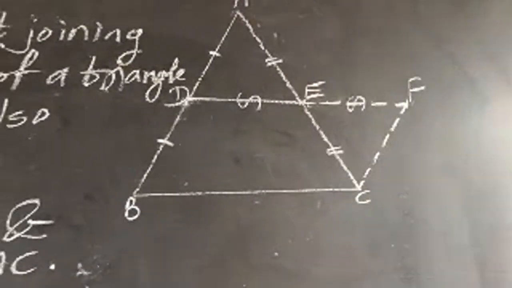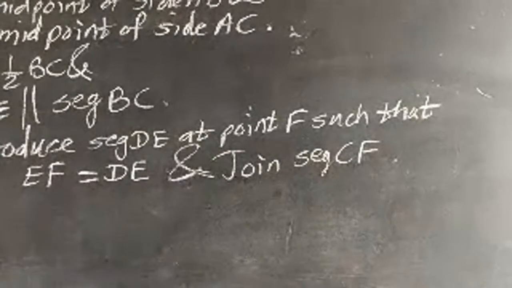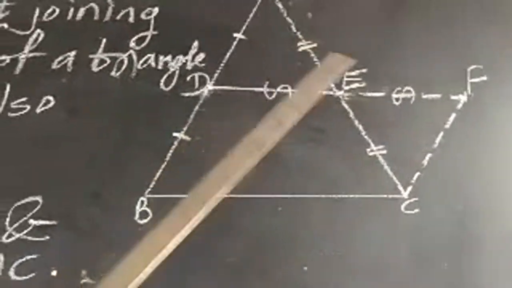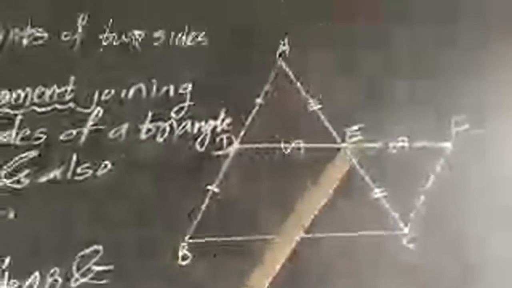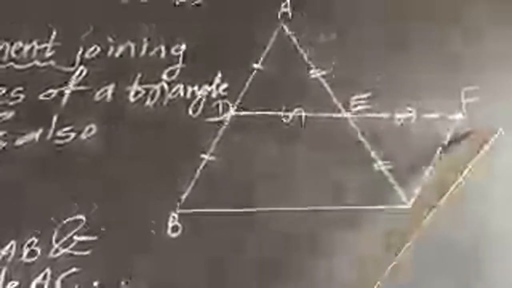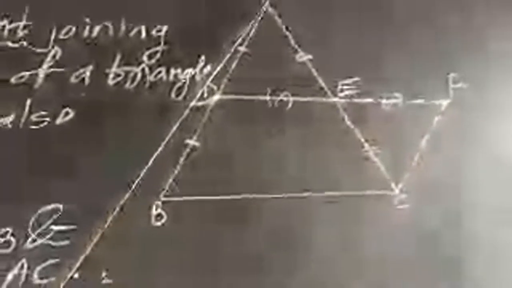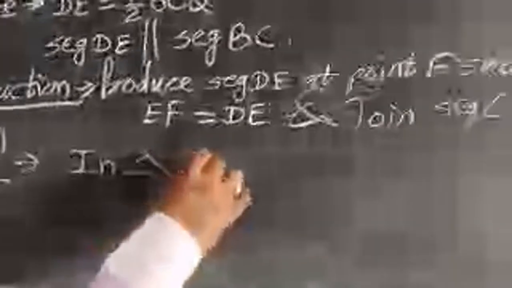Join segment CF. Then here we show two triangles congruent. Which are they? Triangle ADE and triangle CFE.